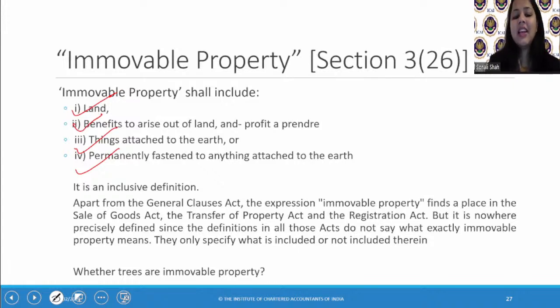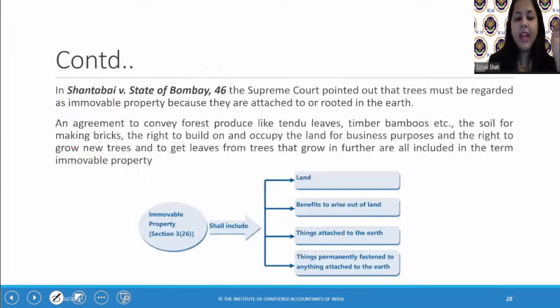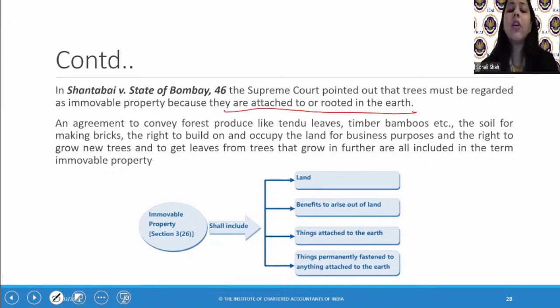So if you look at this definition here, it is inclusive in nature. Correct? So there was a case, Shantabai versus State of Bombay. In this case, the question before the court was whether the tree is a movable property or immovable property. The court held that the tree must be regarded as immovable property because they are attached to or rooted in the earth.